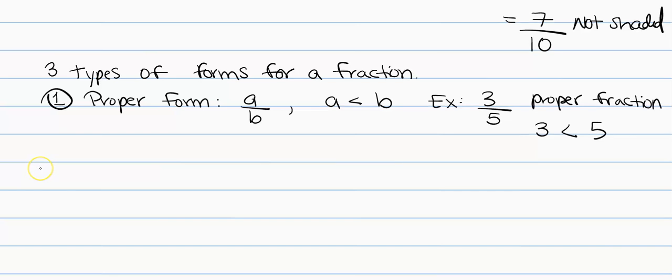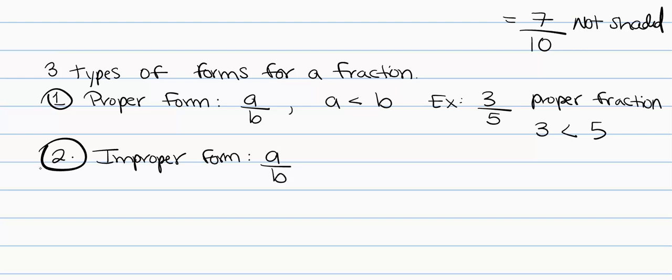Now, the second type is called the improper form of a fraction. Again, say you have a over b, but in this case, a is greater than or equal to b. For example, 7/4 is improper.